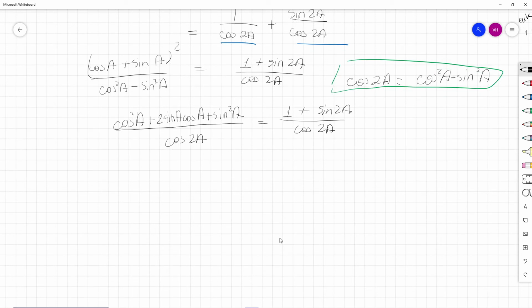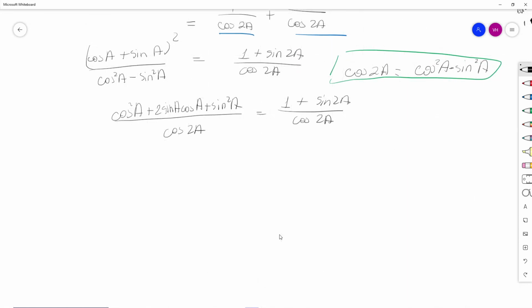Okay, so we already have the same denominator. But the numerator on the left side looks very ugly, and it looks like there's nothing we could do with it. But what if I told you we can just rewrite it? Let's rewrite the same thing as sine squared a plus cos squared a plus 2 sine a cos a.